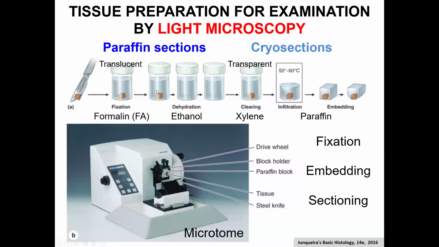And so the next step has to take into consideration that it is good for the lipids to be removed from the piece of tissue, and also it takes into the consideration the fact that one needs to permeate, to infiltrate the tissue with something that can harden and generate a hard tissue block.